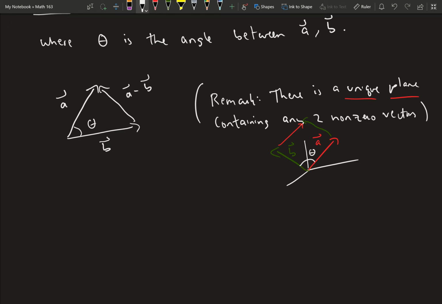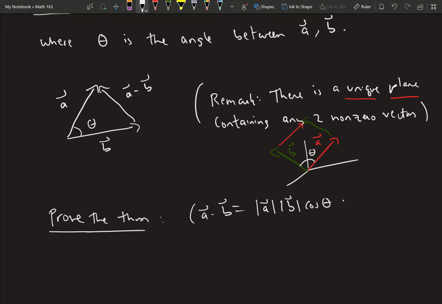So our proof: we're going to prove the theorem above, which says again that A dot B is equal to the length of A times the length of B cosine of theta.